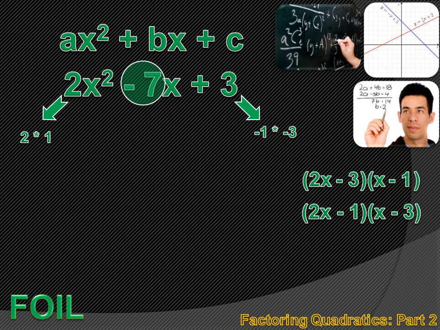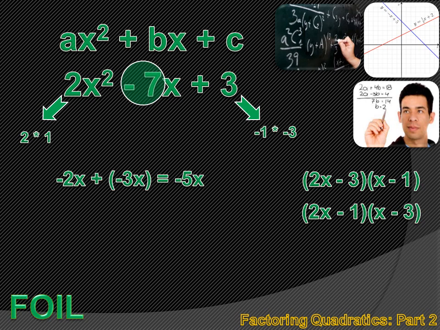And we're trying to get that middle term, so we'll multiply the two outside terms and add it to the product of the two inside terms. So I've got 2x times minus 1, and that equals minus 2x. And I'm going to add to that the two inside terms, minus 3 times x, or minus 3x. And if I add minus 3x to minus 2x, I get minus 5x.